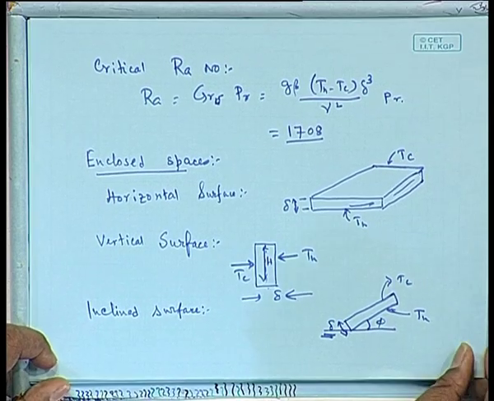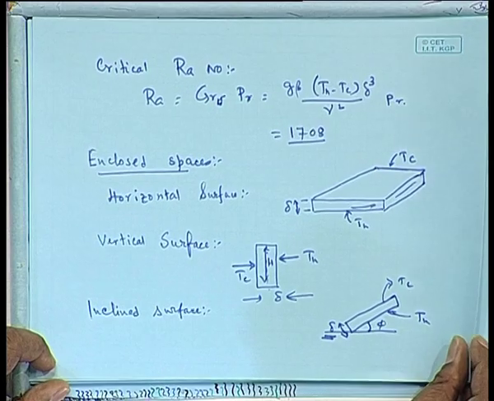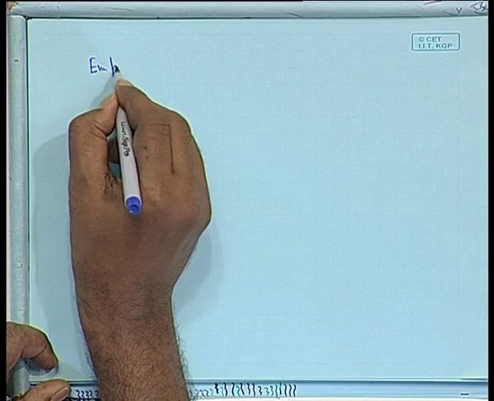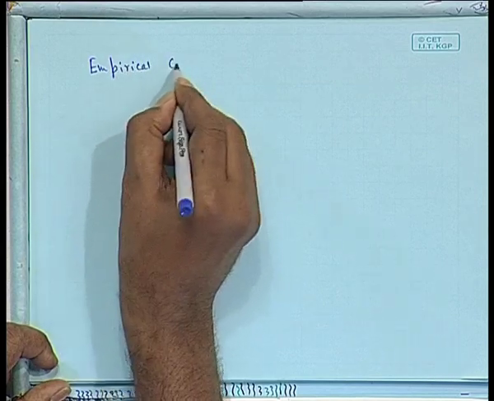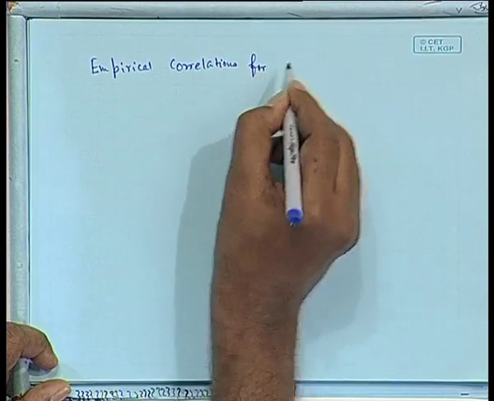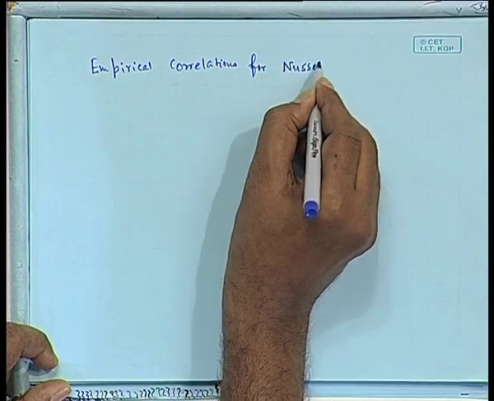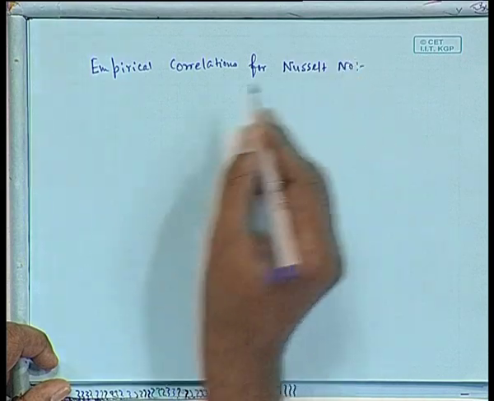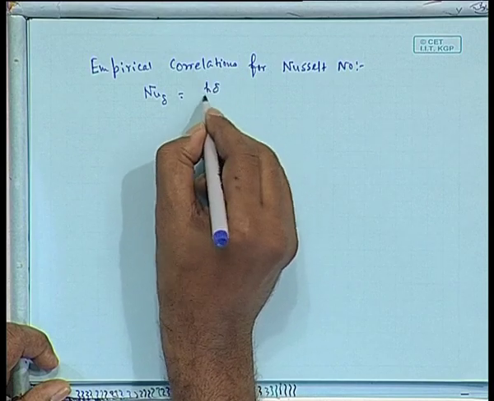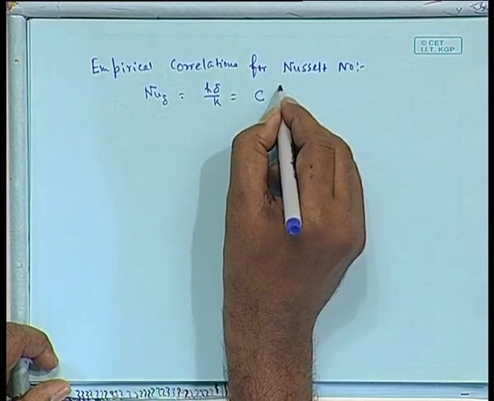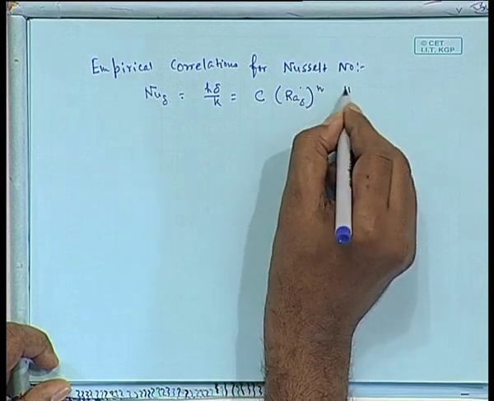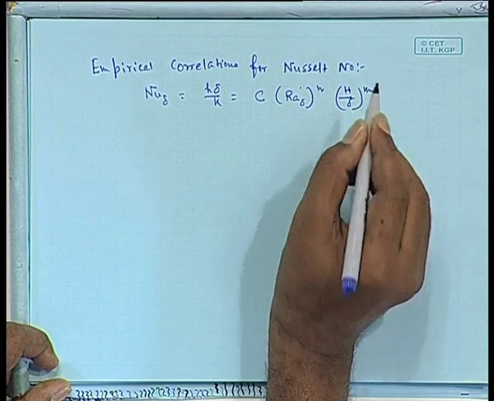Again, there are empirical correlations available for these cases. Nusselt number based on delta is h delta by k, equal to c times Rayleigh based on delta raised to the power n, times H by delta raised to the power m.